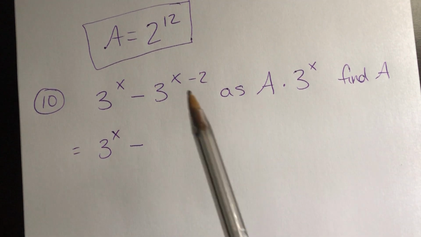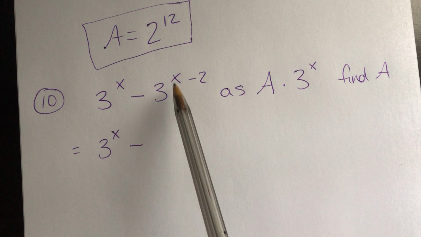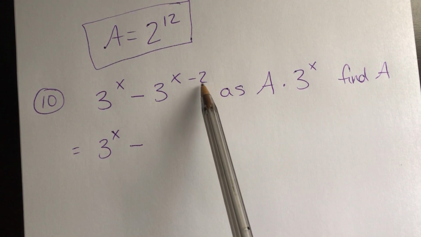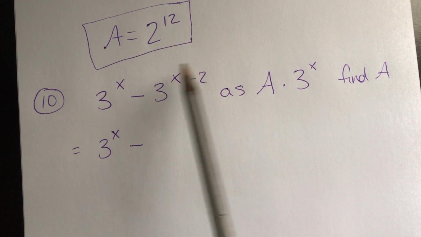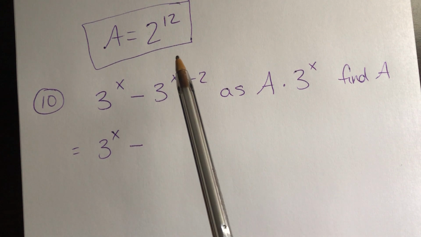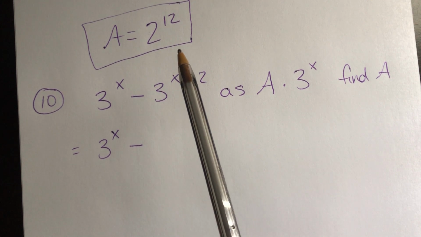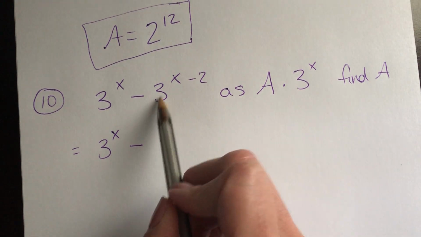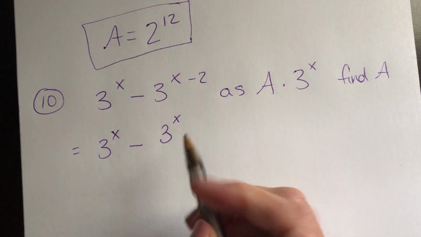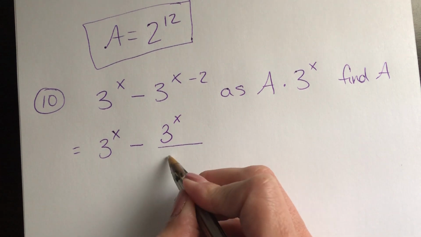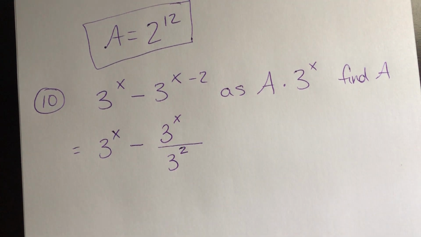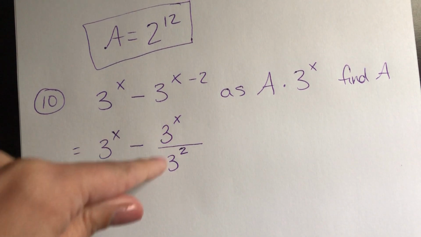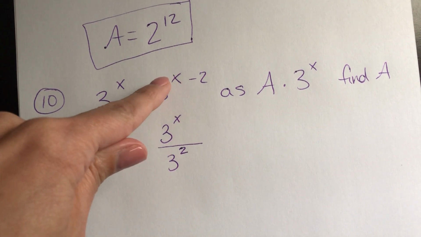Minus. Now I have an exponent here of x minus 2. So subtracting exponents, to undo that, you could make it division. So this would be the base of 3 to the x divided by 3 to the 2. When you're dividing, you subtract exponents.